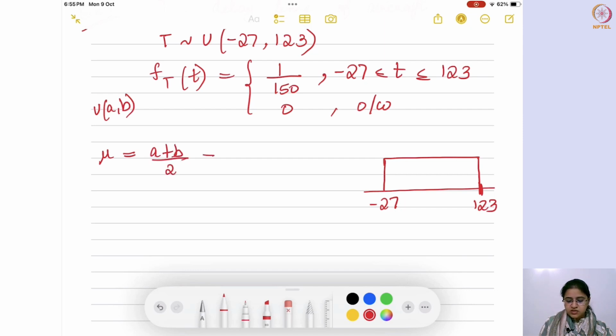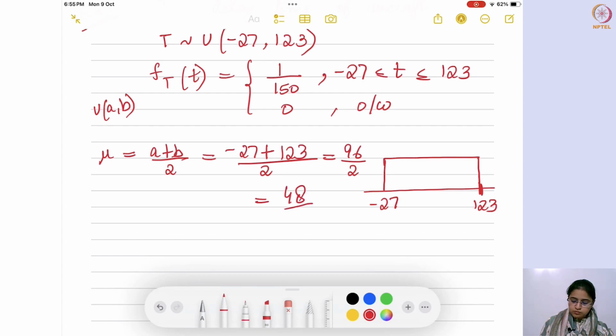In this case, A is -27 and B is 123. So what you get is 96 by 2, which is 48. So the mean you have obtained is 48.